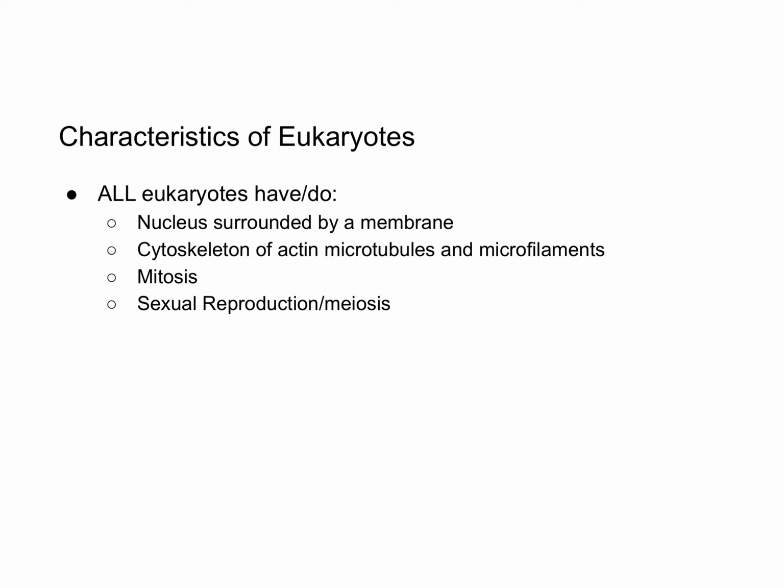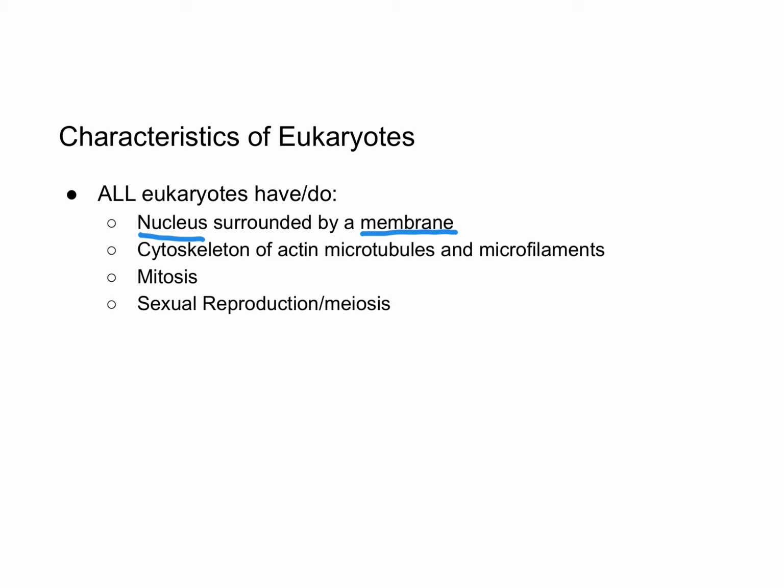So when we talked about prokaryotes in a previous video, we talked about the differences between prokaryotes and eukaryotes. So now we're focusing on the eukaryotes, which are more complex cells than the prokaryotes. The defining characteristics of eukaryotic cells are that they have a nucleus that is surrounded by a membrane.